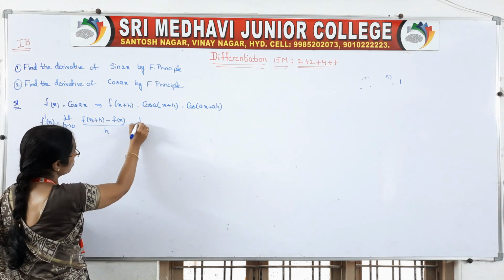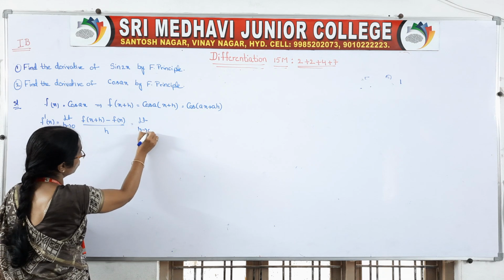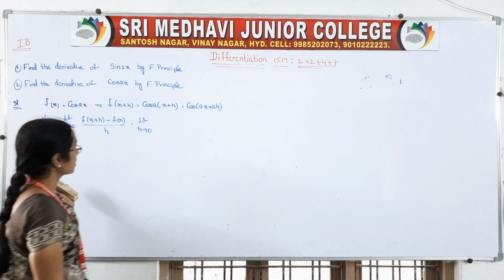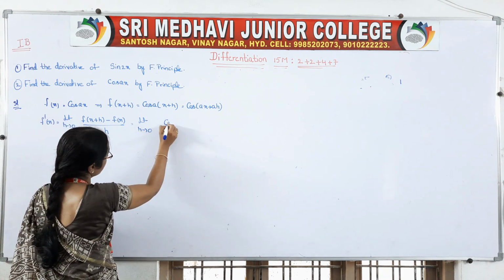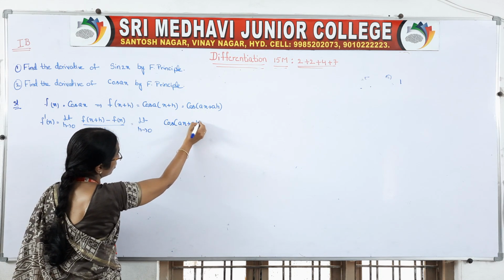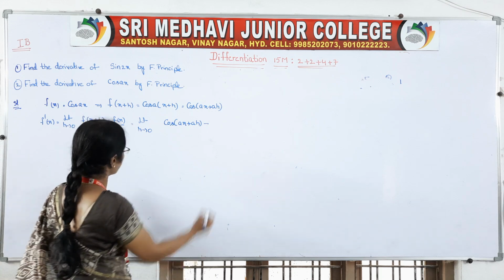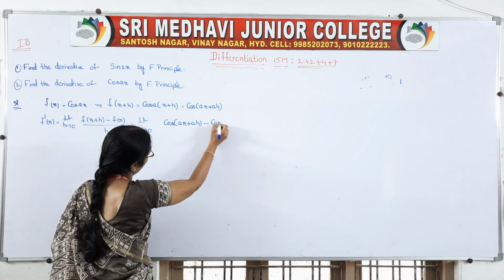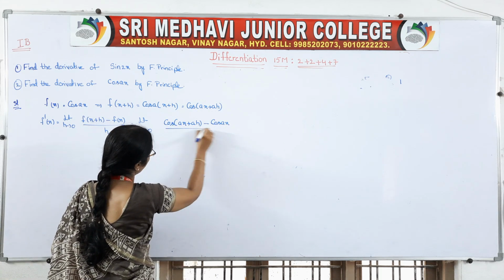So f of x plus h is cos of ax plus ah, minus f of x, which is cos of ax, by h.